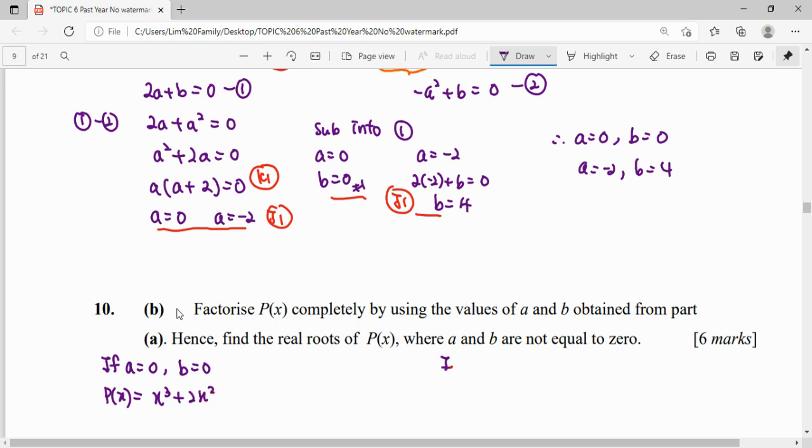For the other answer, if a is negative 2 and b equals 4, my polynomial here is x cubed minus 2x squared minus 2x plus 4.